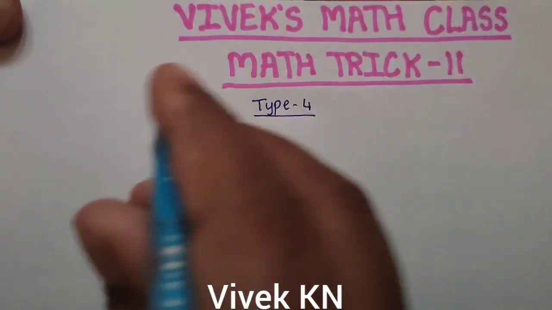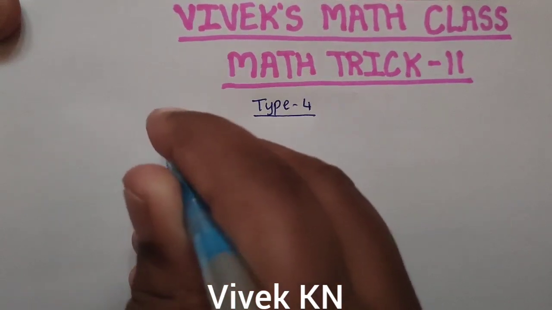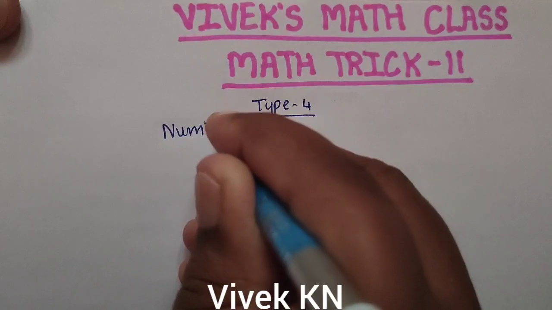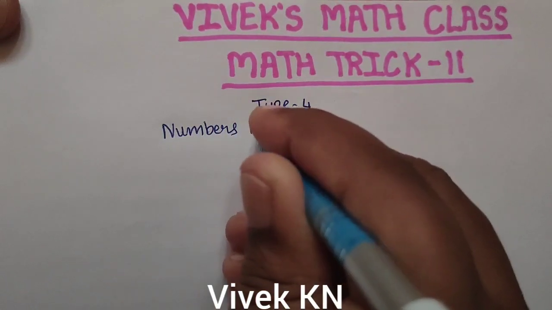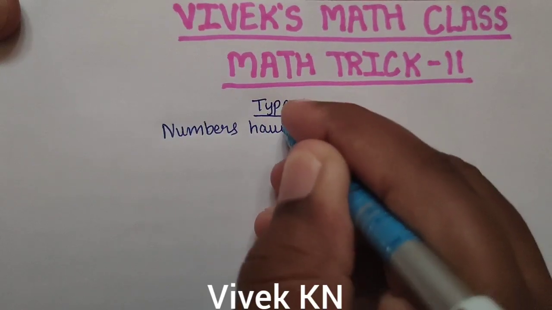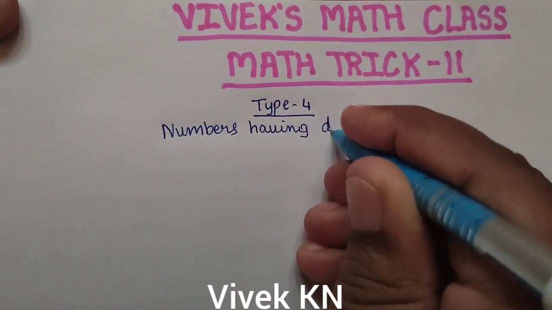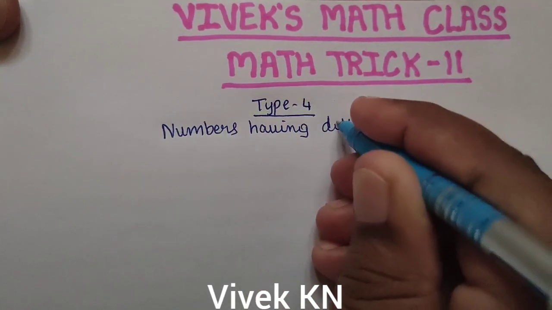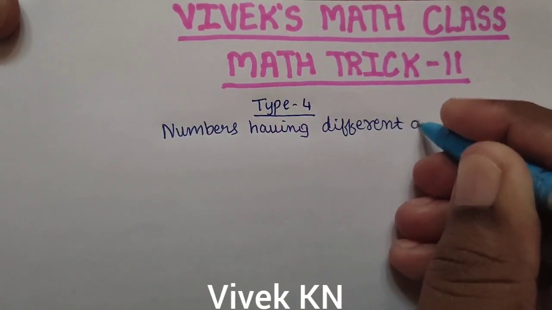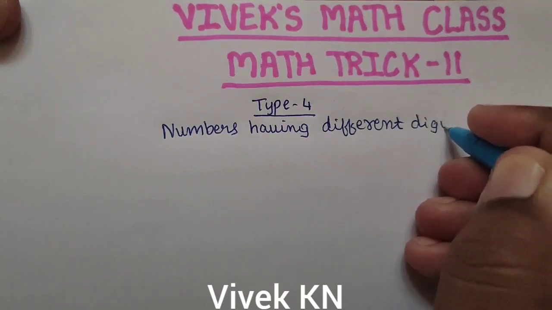Type 4 is numbers having different digits.